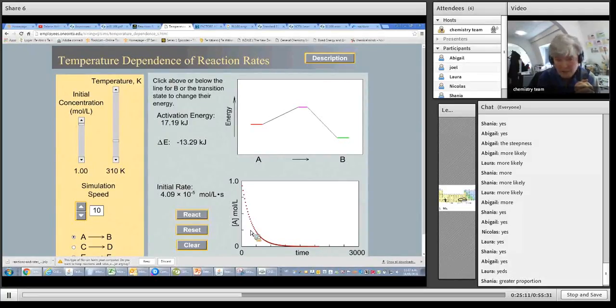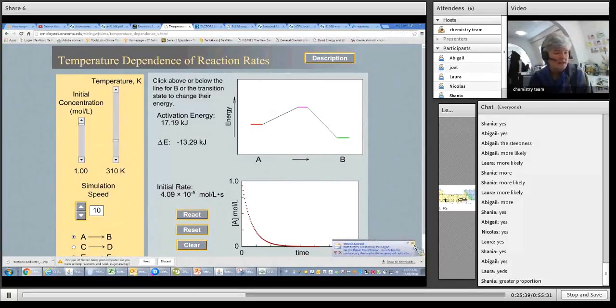The greater proportion. So I have the same energy because I haven't changed the temperature, my particles are moving around at the same speed, colliding with each other the same amount. But what happens now, if I have a catalyst, because it's provided an alternate pathway, a greater proportion of them will be successful and form products. Okay, so that's that one.